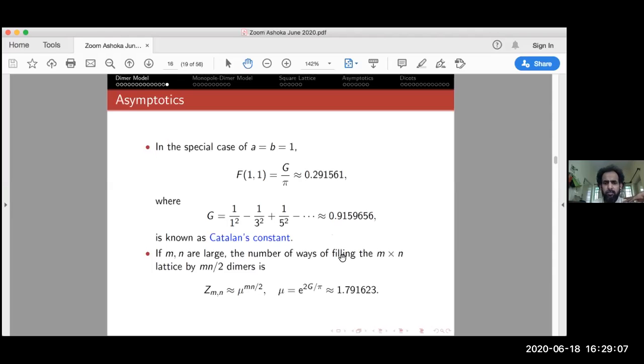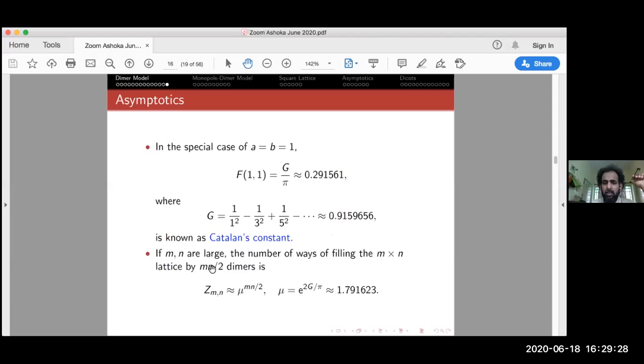And one can also calculate the degree of freedom. So if you imagine, how much freedom, in some abstract sense, does each cell have to get a dimer?